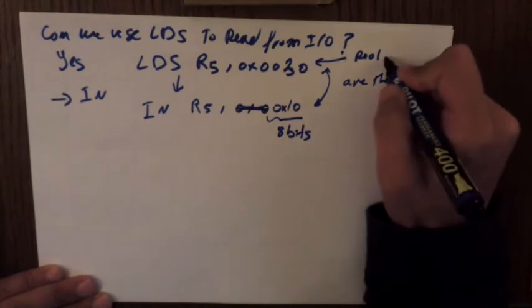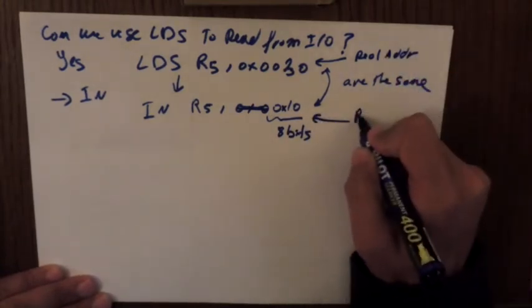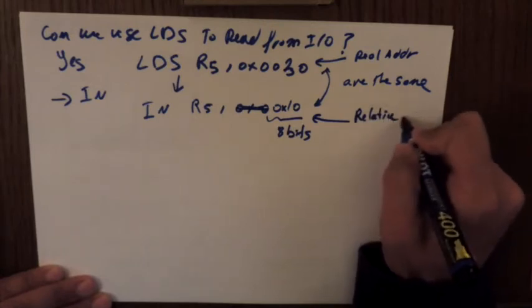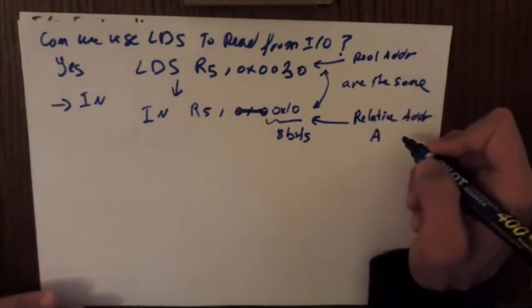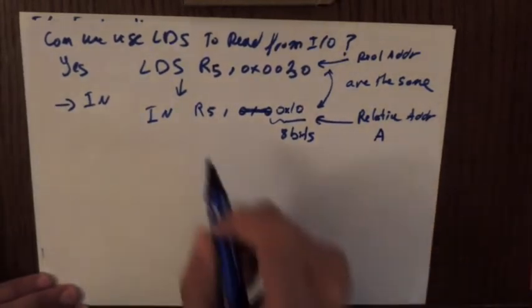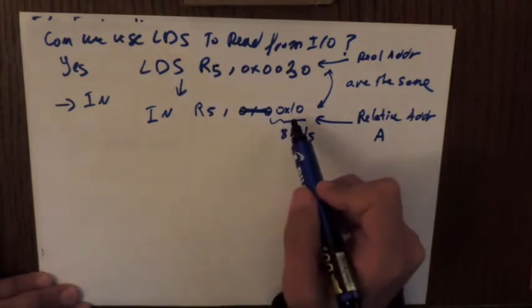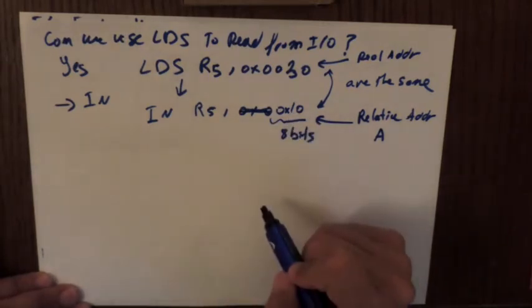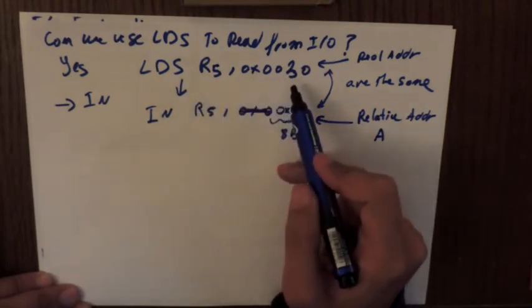So this is the real address, and this is the relative address, which is A in our description of IN. So IN R5, 0x10 has the same effect as LDS R5, 0x30.